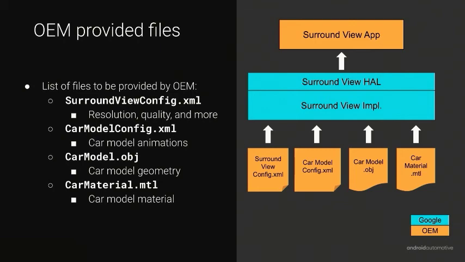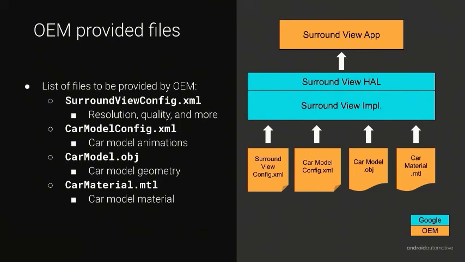Firstly, the surround view config XML file. This defines things such as which cameras to pick up, what internal quality details of surround view are set for that particular hardware device, and additional such configurations pertaining to surround view 2D or 3D.